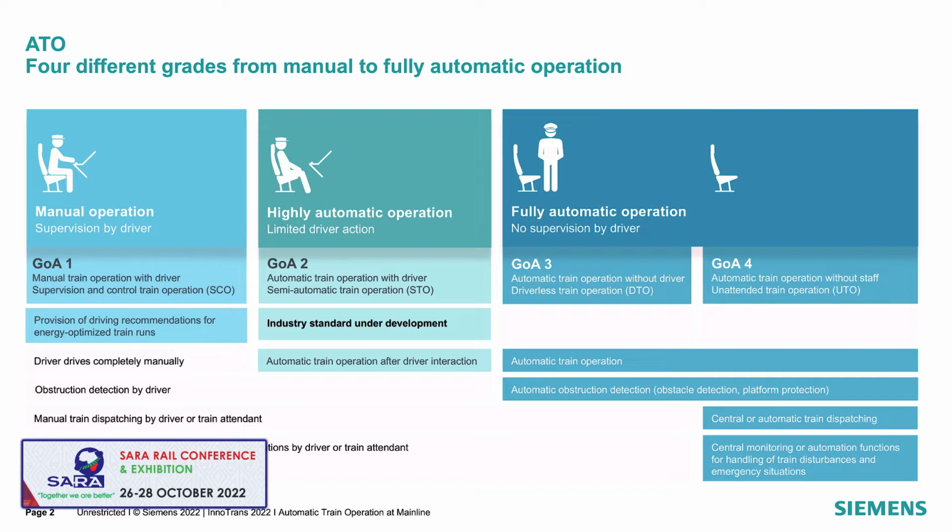We need the driver. The driver is also in charge of obstruction detection in front of the train, manual train dispatching, and even has to work when it comes to an emergency situation. GoA 2 is, in my eyes, the next step we have to find and bring into our operation world.